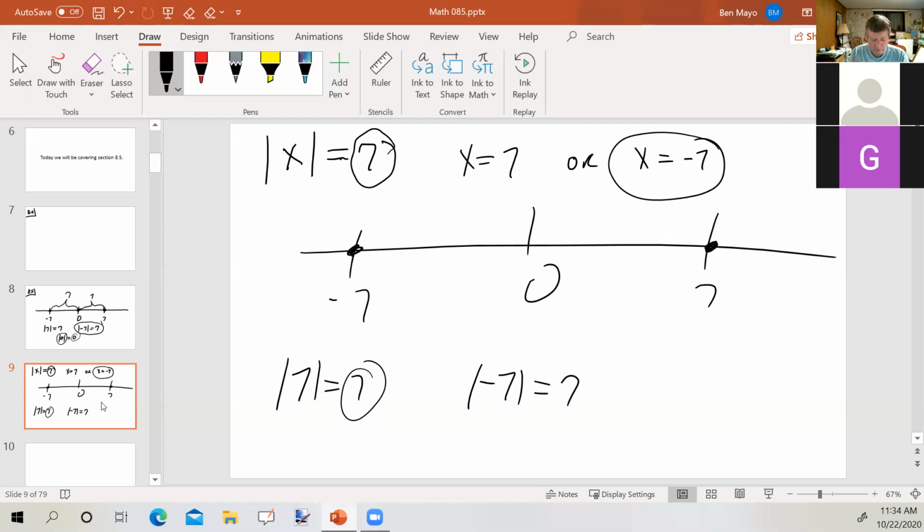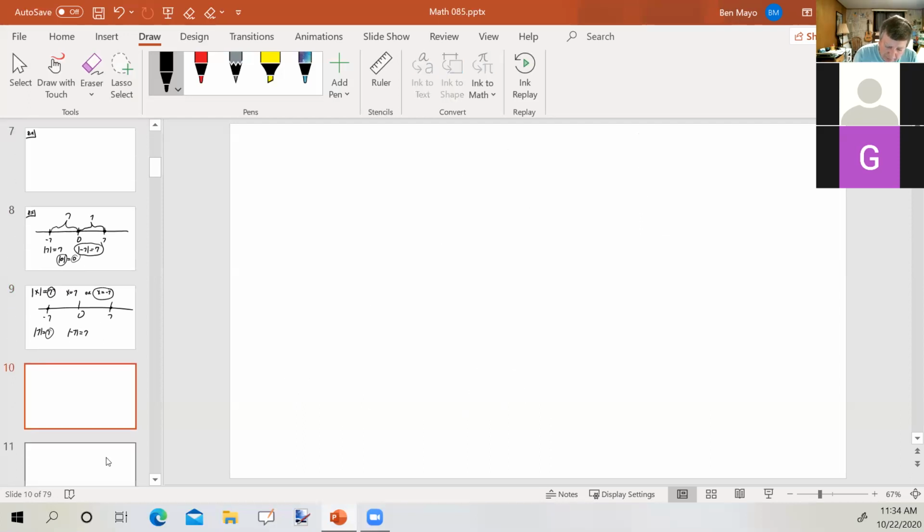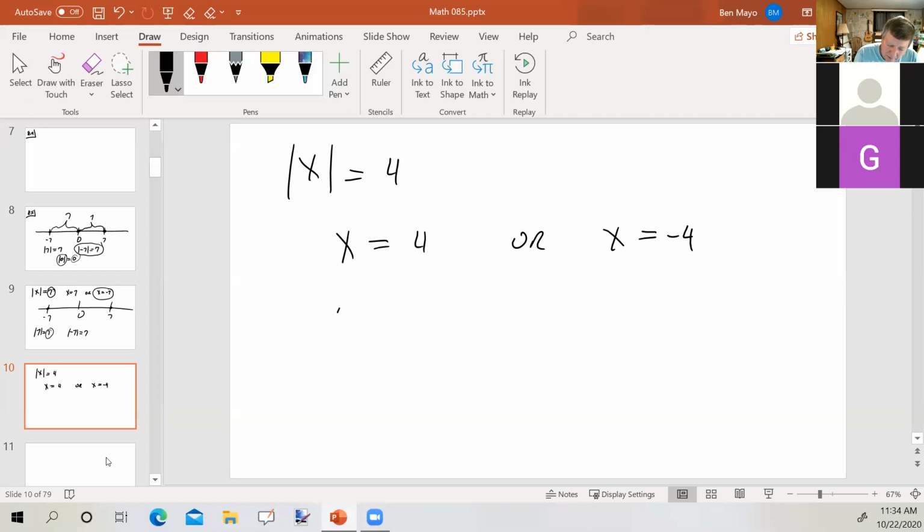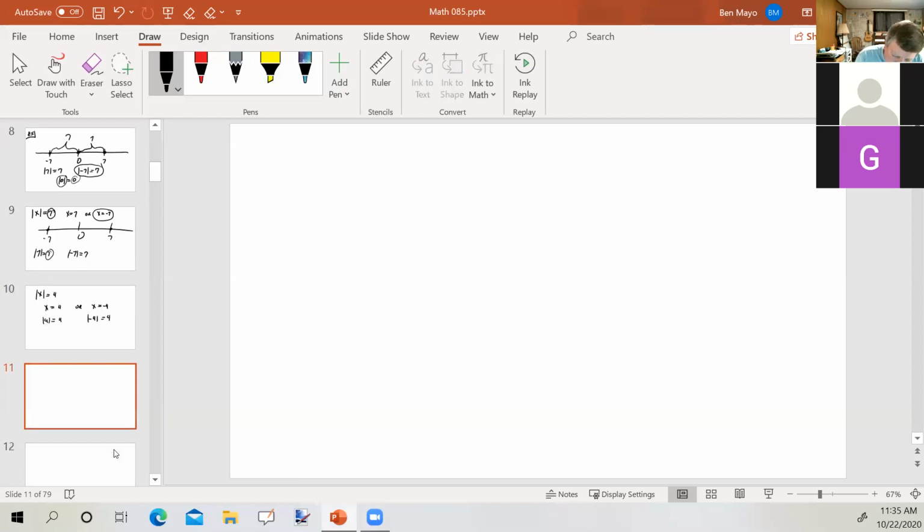Okay, let's see if you're getting that. Let's say the absolute value of x equals 4. Then x would equal 4, or x could equal -4, because what is the absolute value of 4? 4. What is the absolute value of -4? 4. So far, so good? Yes. Okay.